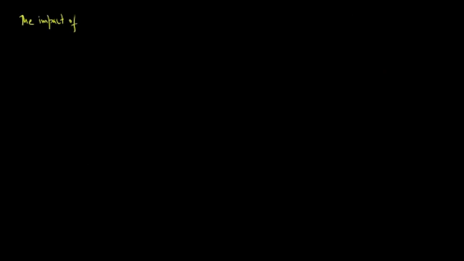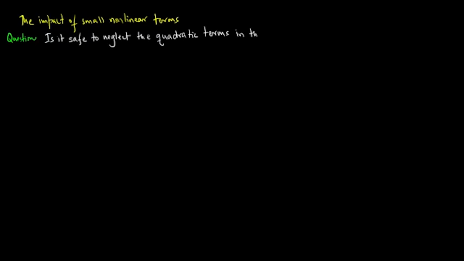Now let's consider the impact of small nonlinear terms. The question we have is the following: is it really safe to neglect the quadratic terms in the original nonlinear system?